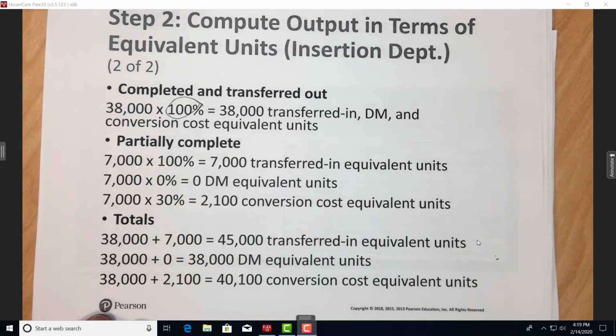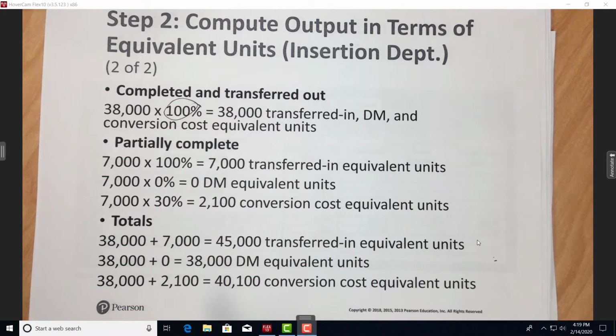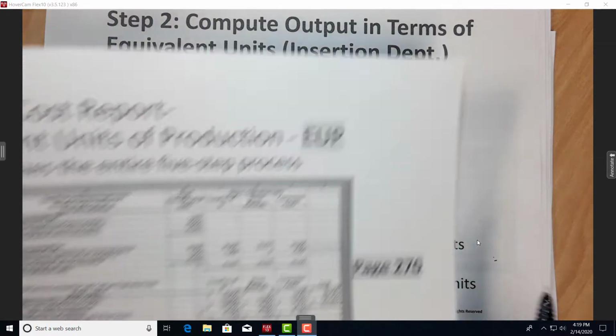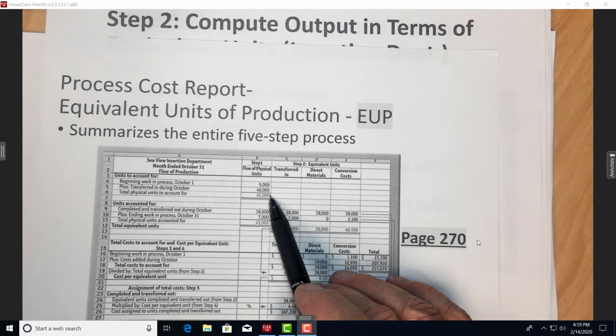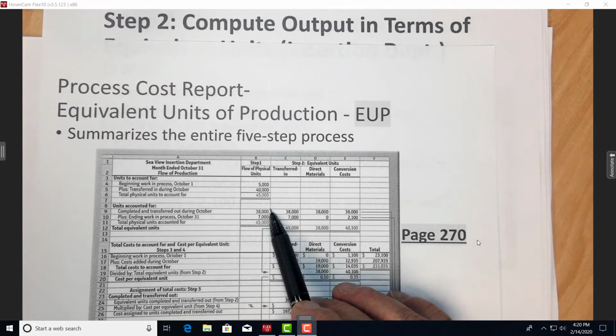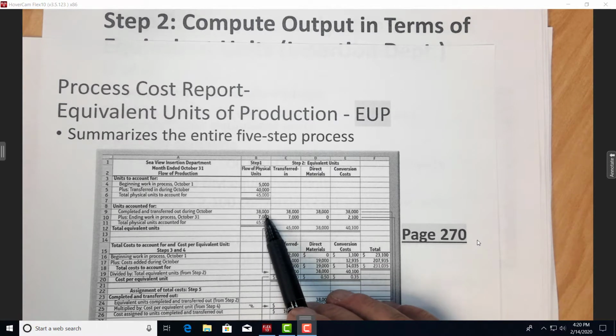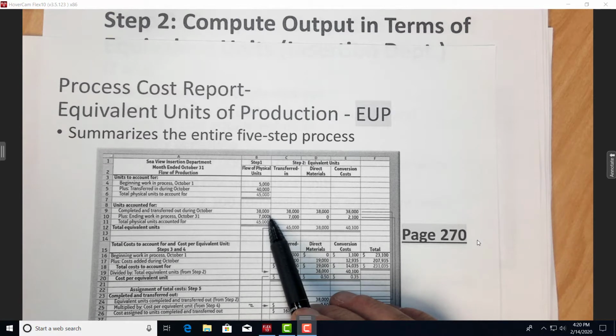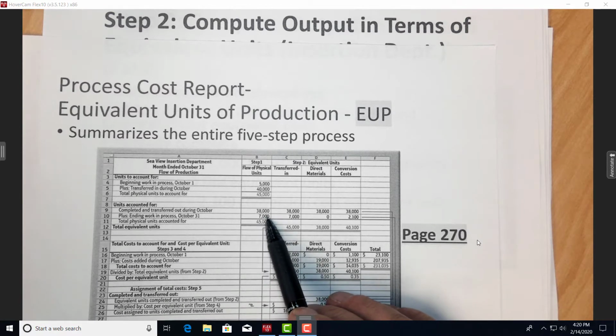What happens is that they put in 45,000 units. Only 38,000 of those units were complete. It left in ending inventory 7,000. But those 7,000 in ending inventory aren't complete.